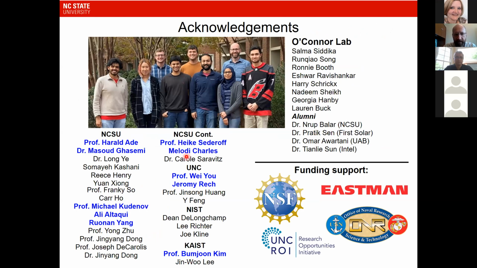And the plant growth work was done with Heike Sederoff, who's in the plant microbial biology department, and her student Melody Charles. And then at UNC, Wei Yu is a chemist, and Bumjoon Kim at the Korea Advanced Institute of Science and Technology. They're both chemists who supplied a lot of the materials to make these studies possible.